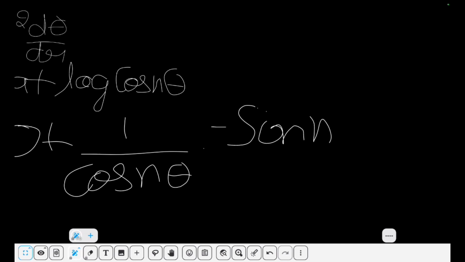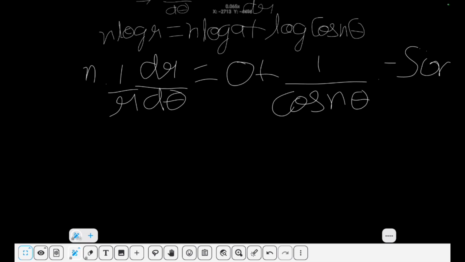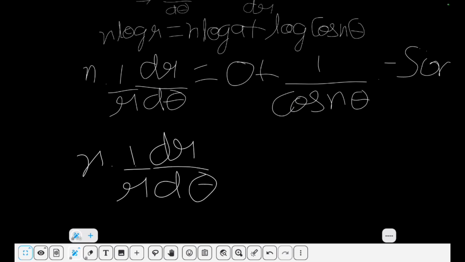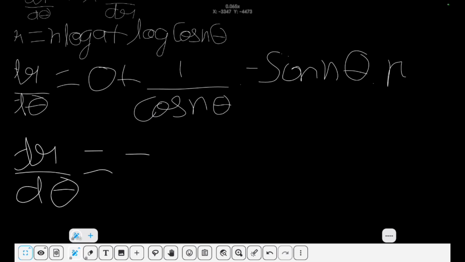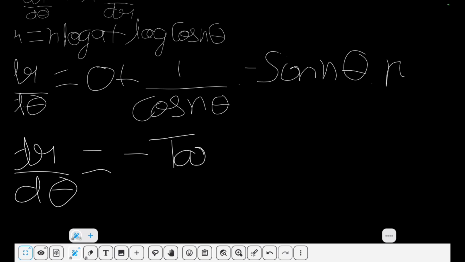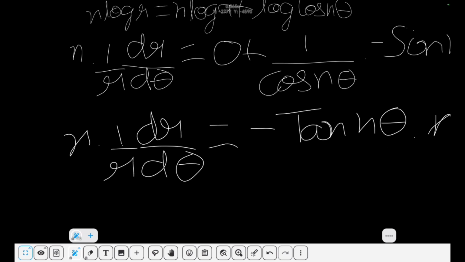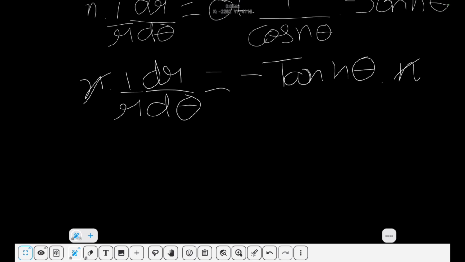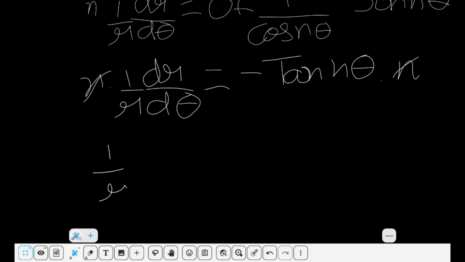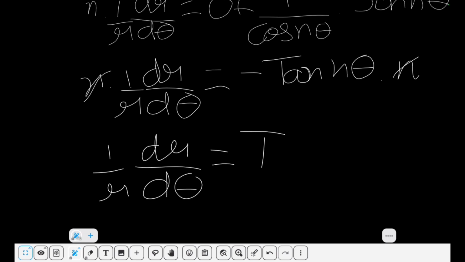Minus sin n theta into n, n is a constant. Now n into 1 by r into dr by d theta equals minus sin by cos, which is tan, tan n theta into n. Now n and n get cancelled out. So 1 by r into dr by d theta equals tan n theta.